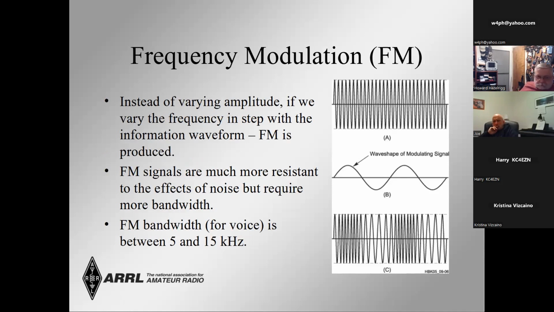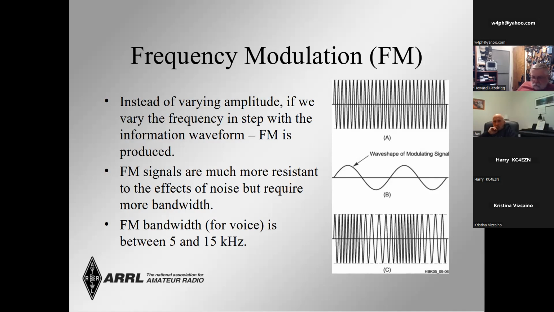Frequency modulation. Instead of varying amplitude, if we vary frequency in step with the information waveform, FM is produced. FM signals are much more resistant to the effects of noise, but require more bandwidth. FM bandwidth for voice is between 5 and 15 kilohertz.